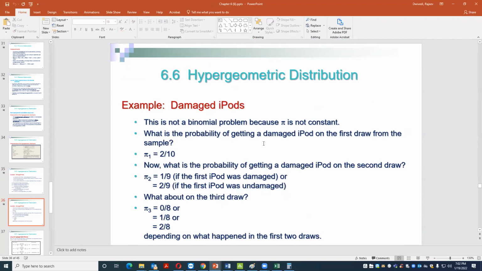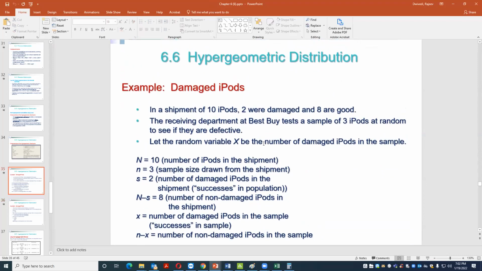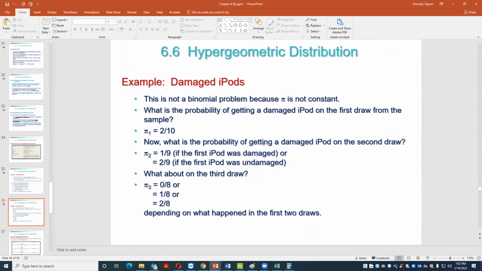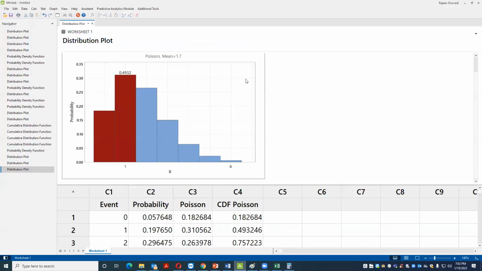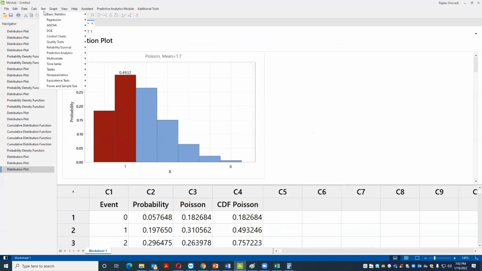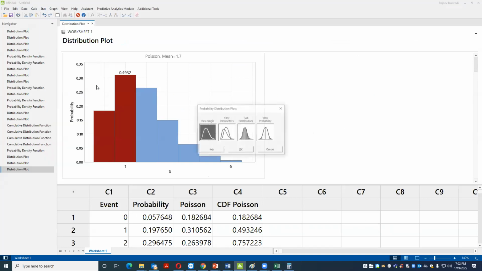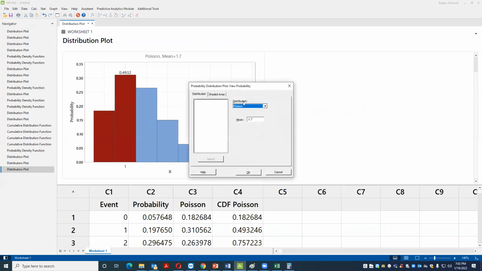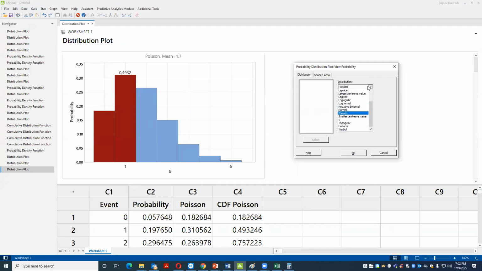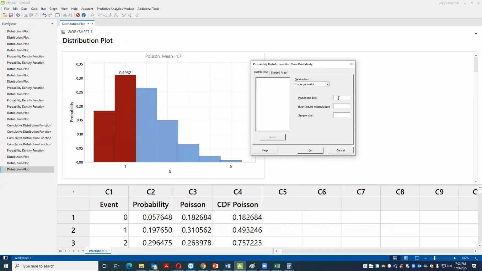So here you can first see what is the n pi, and you can clearly figure it out using the graph probability distribution right here. I go under hypergeometric. What is the population size? I think 10.